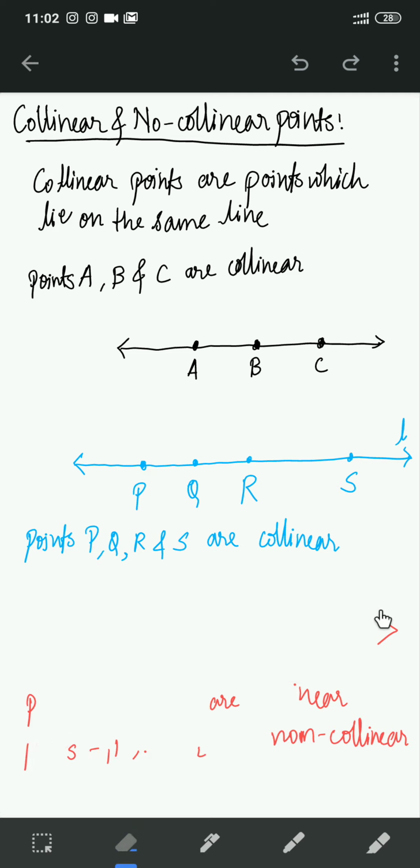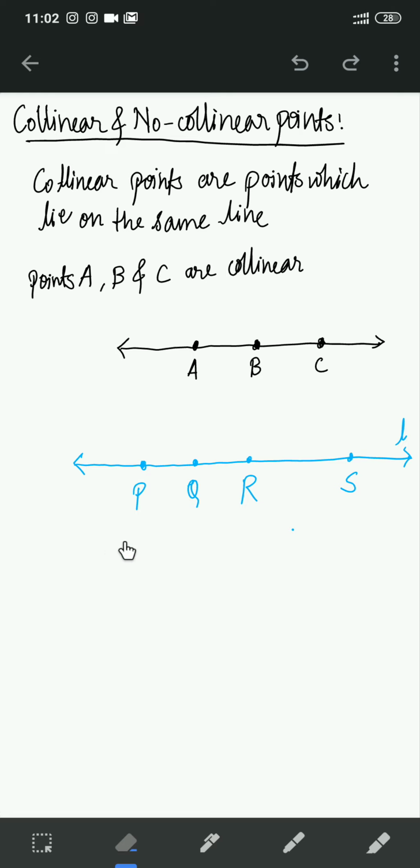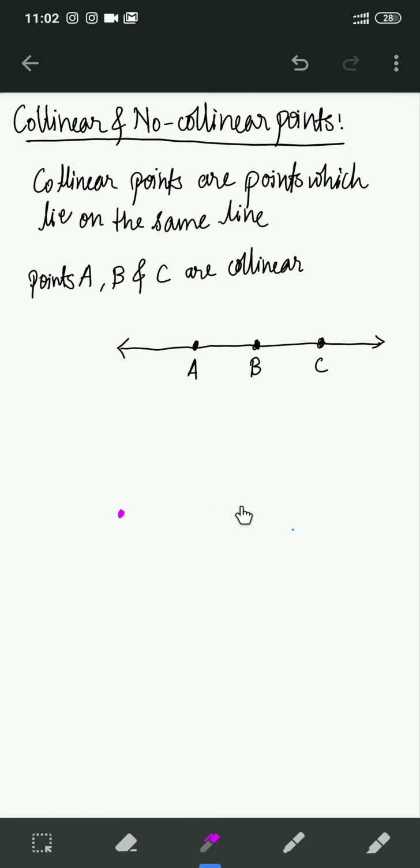In our 8th standard geometry, we already learned that there is only one line which passes through 2 points. So if I have 2 points like this, P and Q, there will be only one line which passes through these 2 points. I'll call that line L. Therefore these 2 points are, in some sense, always collinear. So it doesn't make sense.